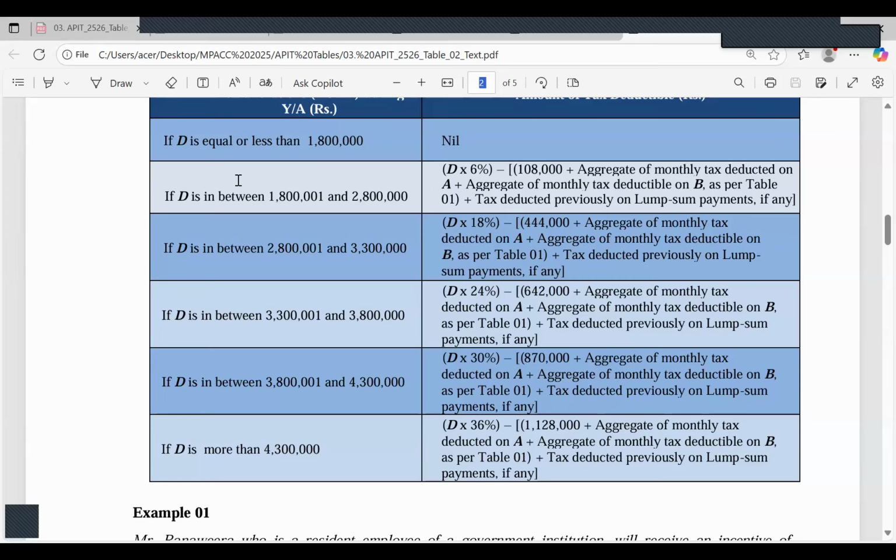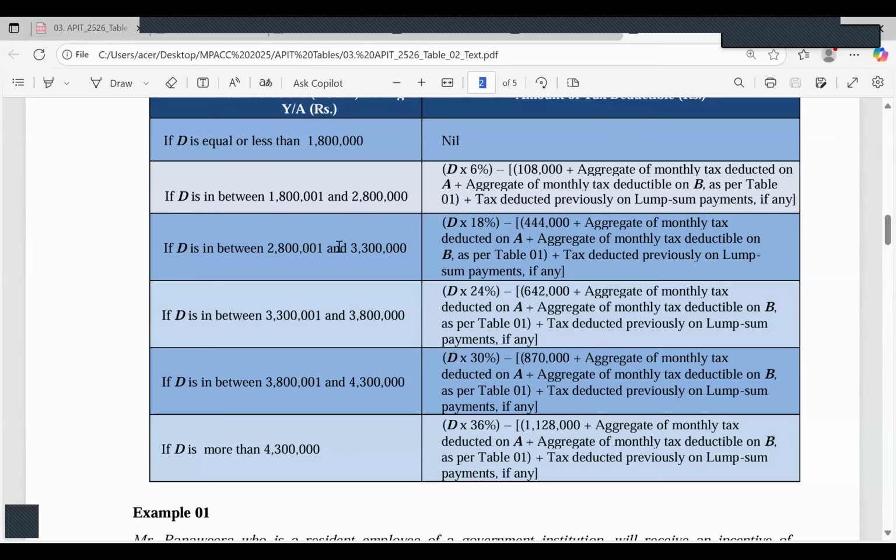Then the remuneration in between 1.8 million to 2.8 million, this is the formula we have to apply. So what is it? D multiply by 6, if it is in the first category. Then 1.8 to 2.8 means for the first 1 million, 6%.